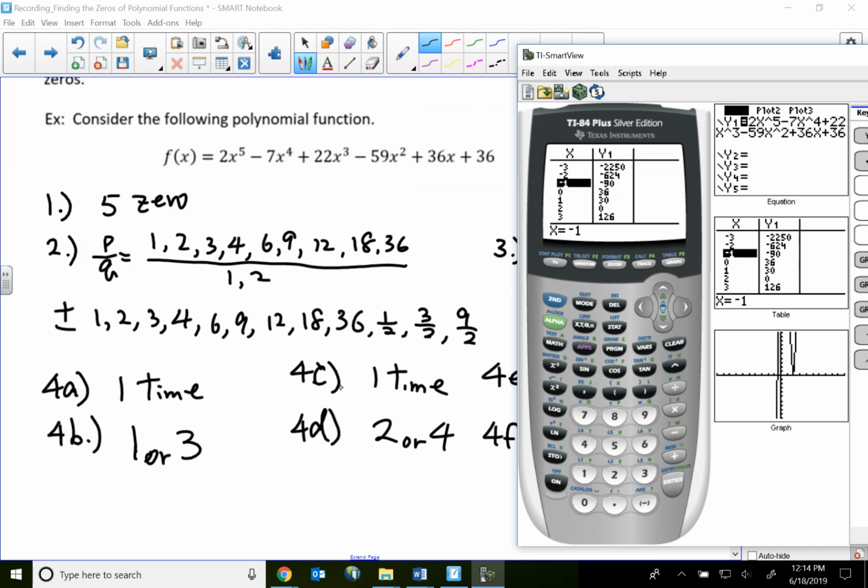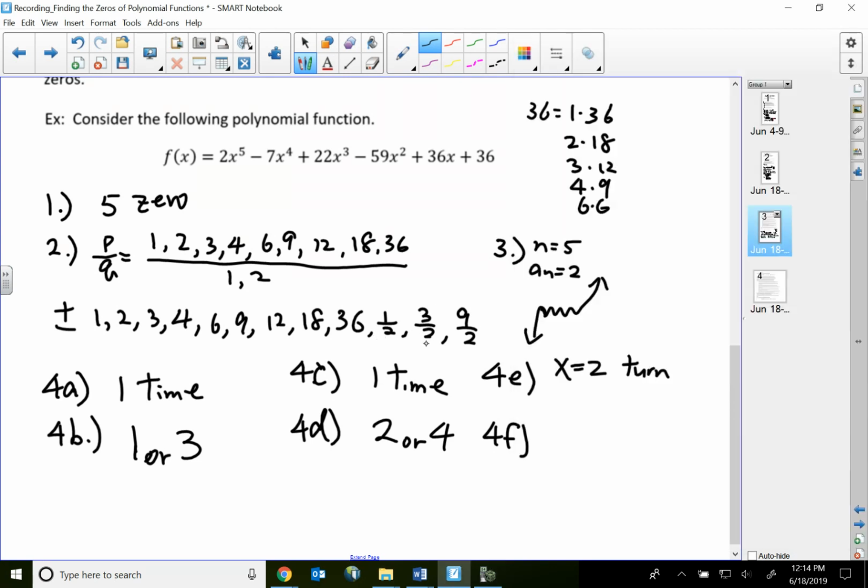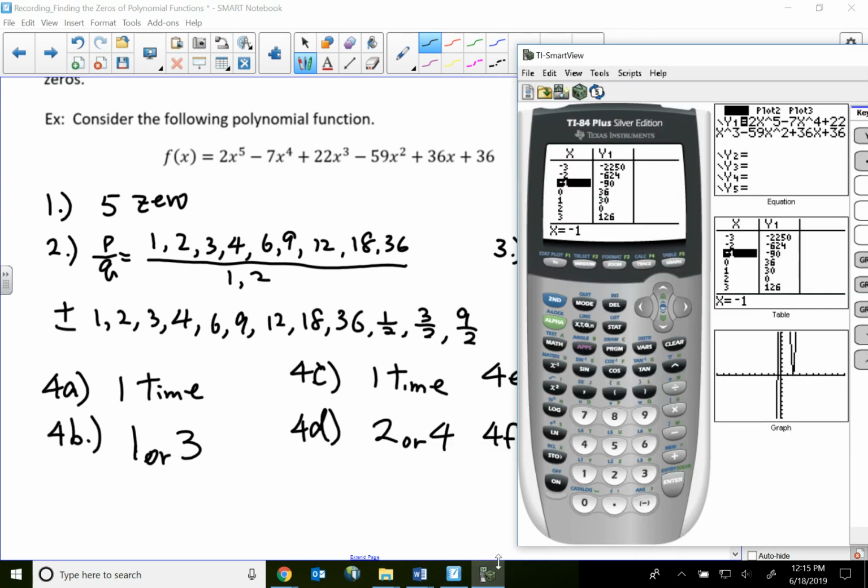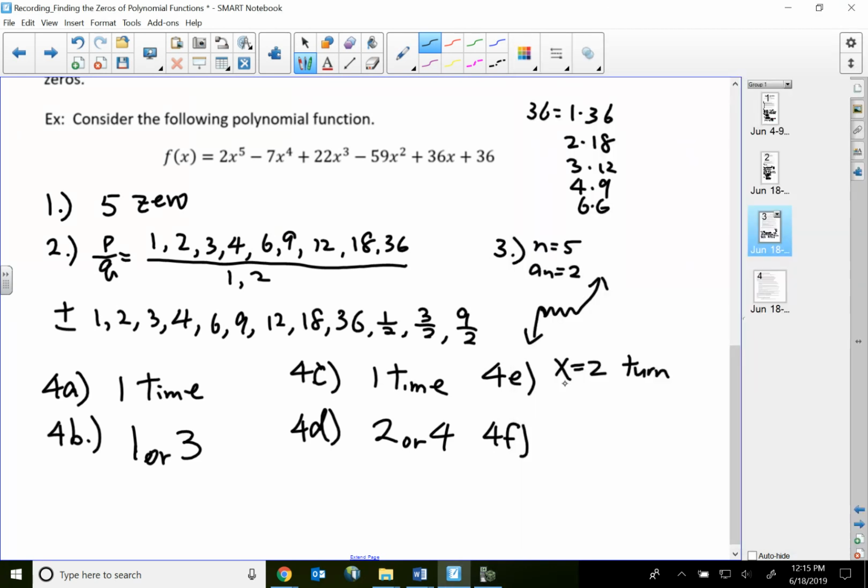Which one of these fractions, the negative fraction, would actually be between 0 and -1? It has got to be the negative half, because -3/2 and -9/2 are -1.5 and -4.5. So the only possible one I'm going to check is the negative half. So second calc, use the number 1 value and type in -1/2, and that will say y is equal to 0.